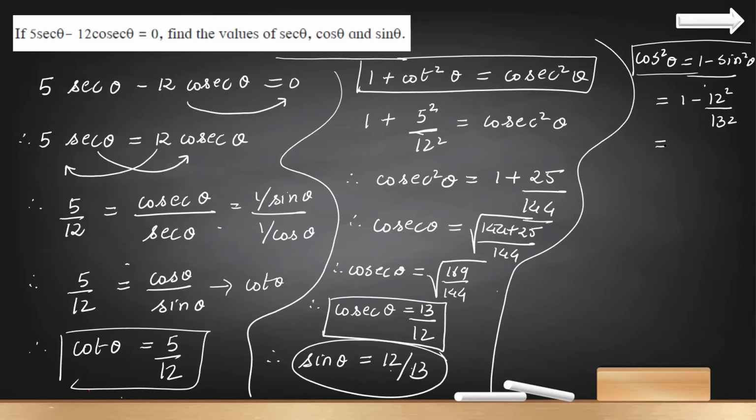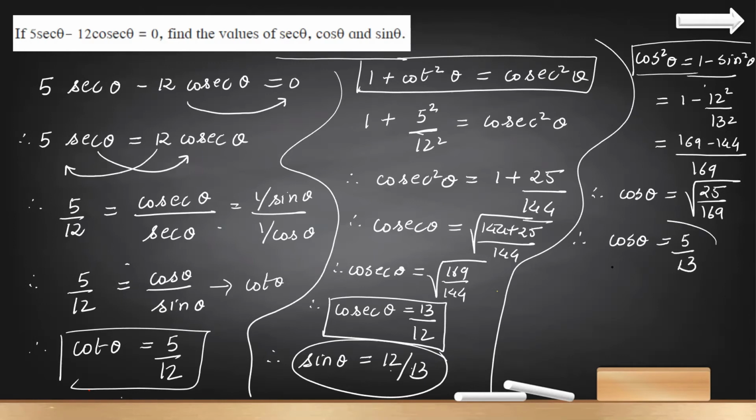Just putting the calculations short, this will be equal to 169 minus 144 upon 169. Cos theta is equal to under root of 25 upon 169. So therefore, cos theta equal to 5 upon 13. So this is the other thing that we wanted.